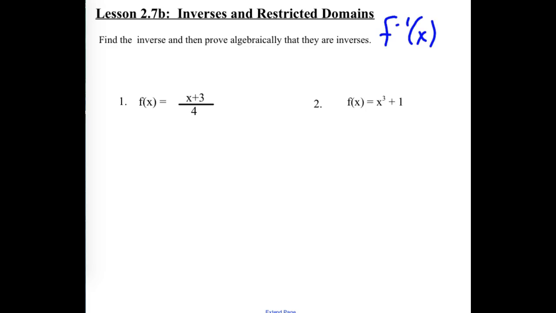Okay, so starting today, it says find the inverse and then prove algebraically that they're inverses. What was the method we had to show that the two functions were inverses? Look back in your notes. We did some compositions.